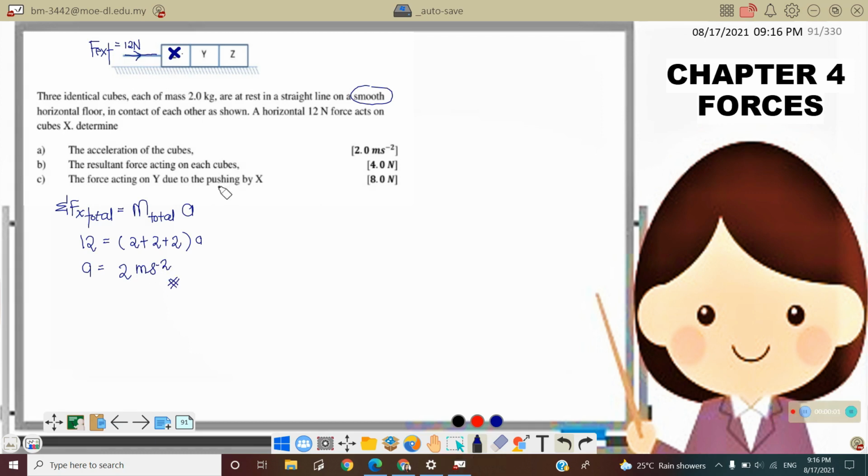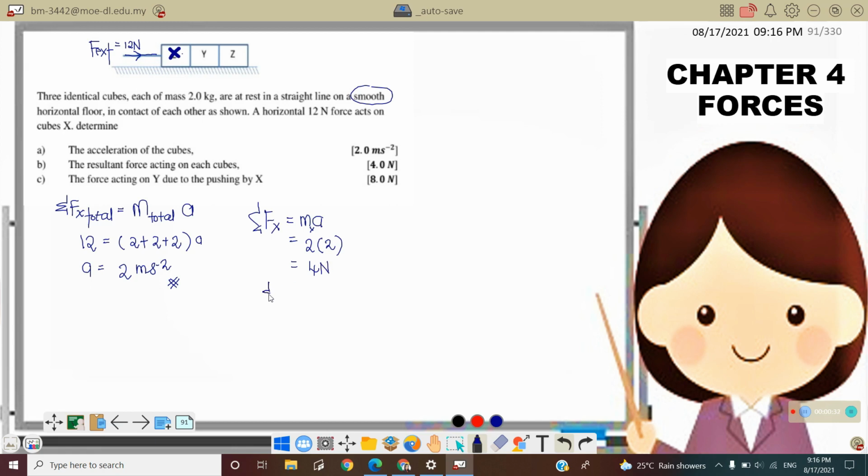For question B, find the resultant force acting on each cube. If it refers to the X cube, F equals ma. Because it is the resultant force acting on X, we take the mass for X only, where the mass for X is 2 and the acceleration for the whole system is also 2, so we will get 4 Newton.